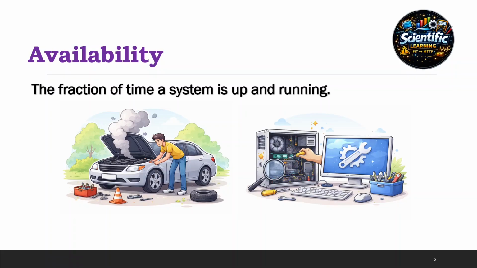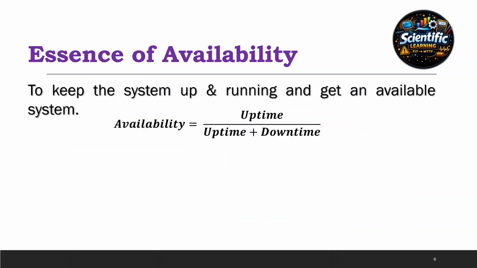If so, how can we quantify their availability? That's where the essence of availability comes in. It focuses on keeping the system up and running despite failures. Now, this is the well-known formula for availability, which is nothing but the ratio of uptime to uptime plus downtime of the system.